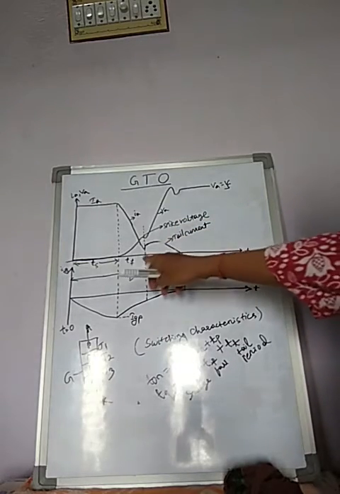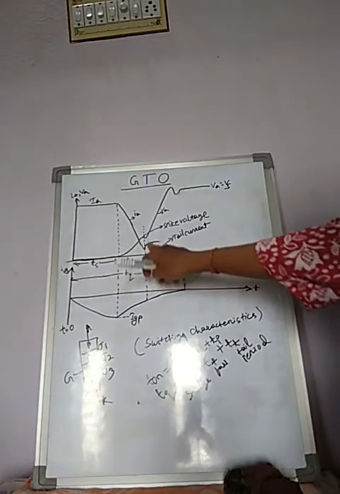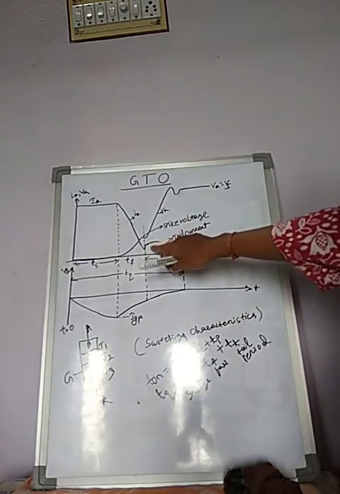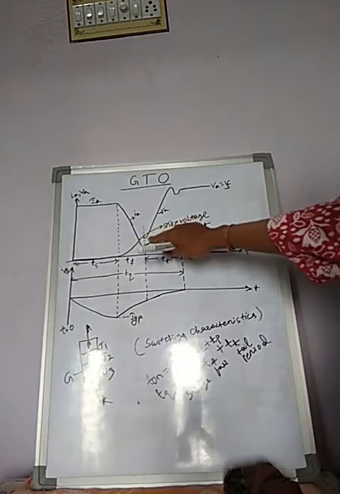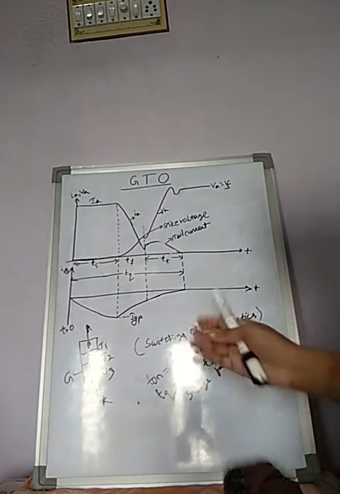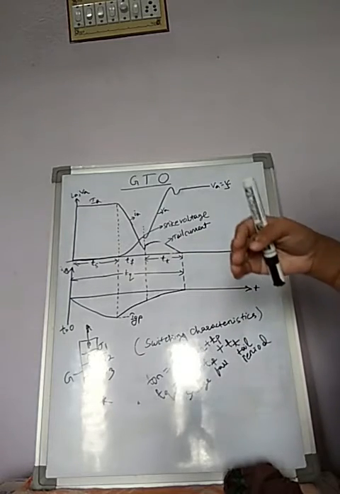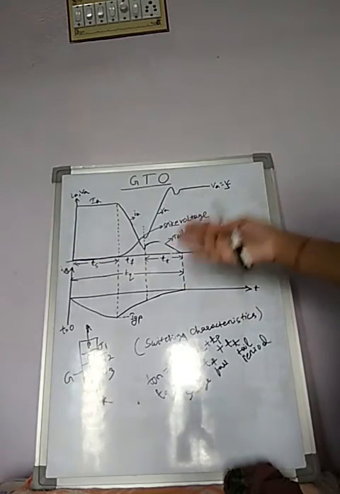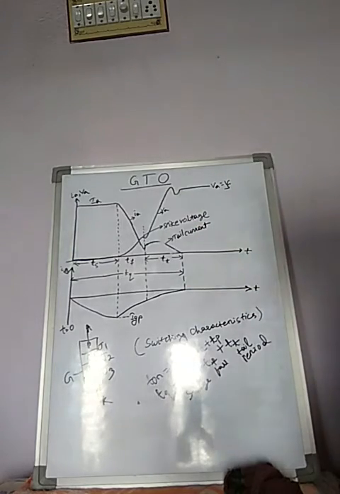So after this fall period, this is the anode current graph, this is the anode voltage graph. So anode current and anode voltage reach another level.